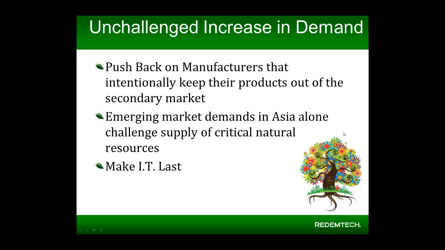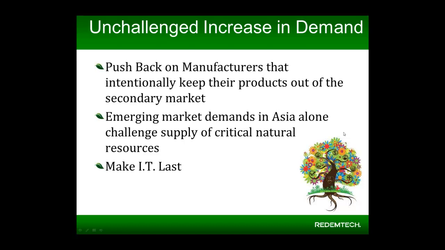We try to make everything available on the secondary market because there are people and organizations that can't keep buying new. Schools, for example, can't afford the price of churning their electronics every 2 years. So there's a lot of usable life in many electronics that are taken off the market by manufacturers who want you to simply buy new, and I think it's time that we push back on those manufacturers.